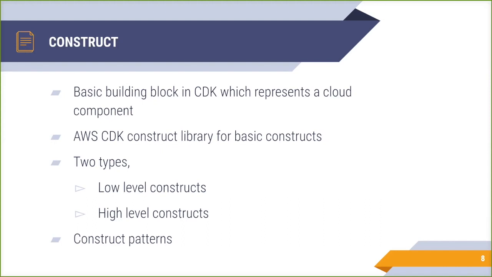Then when it comes to constructs, there are two types of constructs. One is the low-level constructs. These low-level constructs are always named with the prefix CFN. If we are using these constructs, then we have to explicitly specify all the properties of that resource.